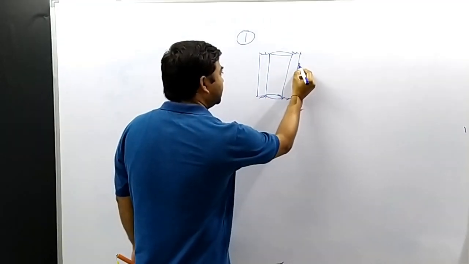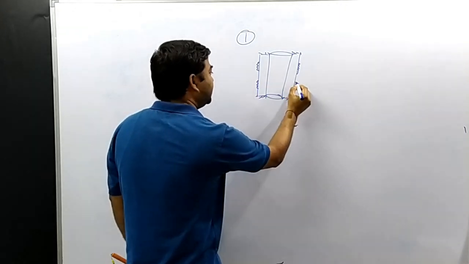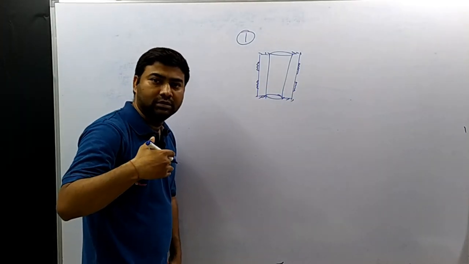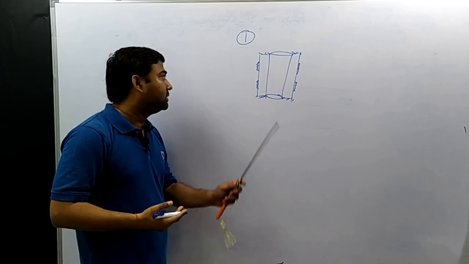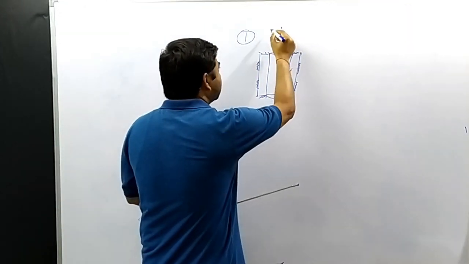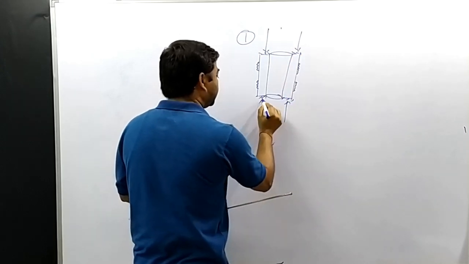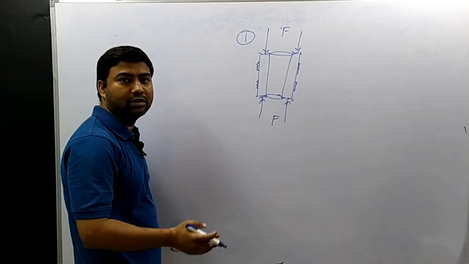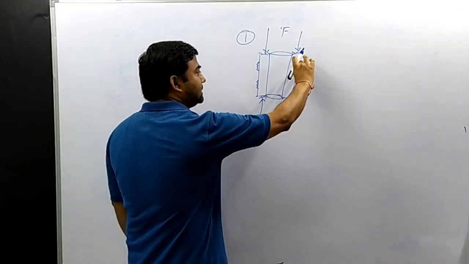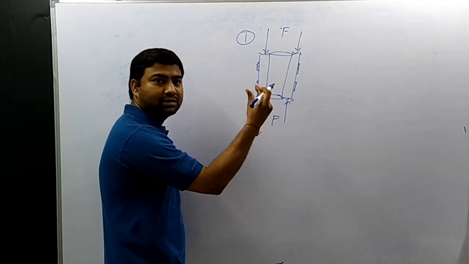In this cylinder, they use strain gauges. Strain gauges are nothing but wires of certain materials. So when a load is applied on this hollow cylinder, these strain gauges, that is wires attached on this cylinder, will compress.